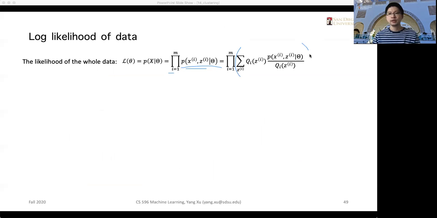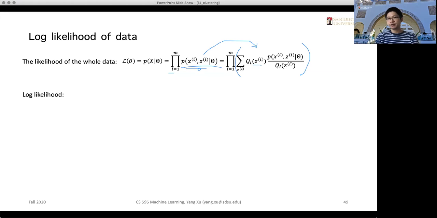You can imagine a parenthesis along this summation, because this is exactly how we represent the likelihood of one data point given all possible distributions that data point can be drawn from. Okay, so that is the rewrite of the likelihood and the log likelihood.